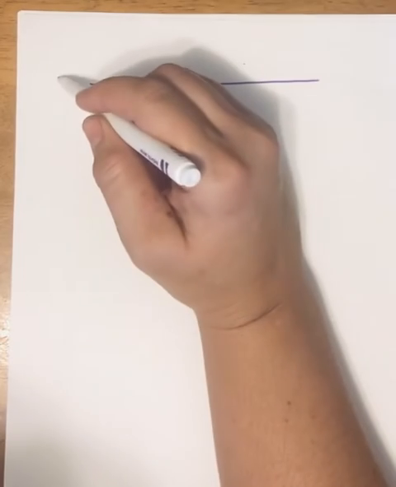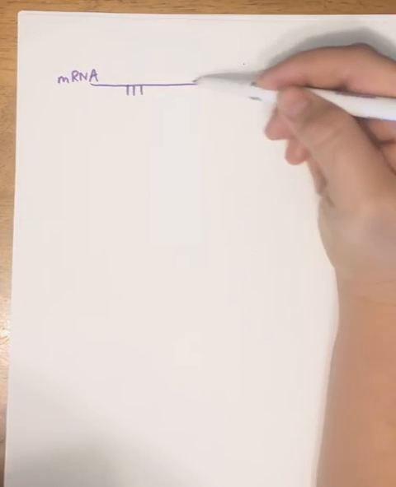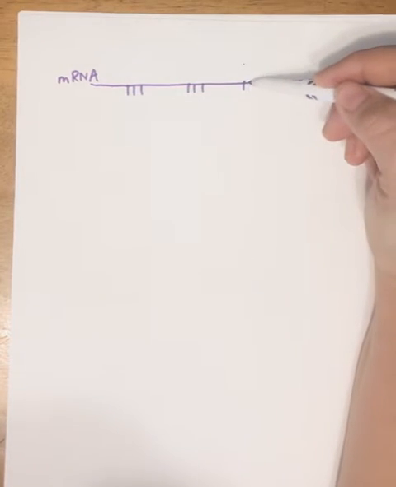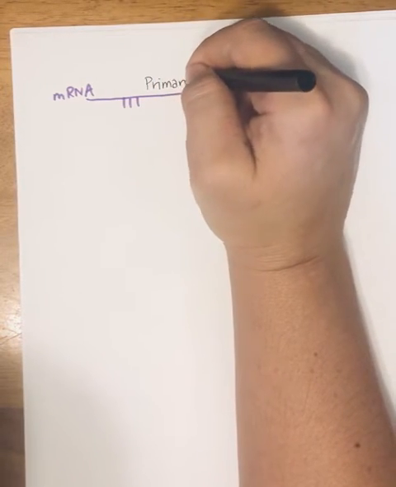Your mRNA is a copy of your DNA. Before your mRNA can leave the nucleus, we have to edit it. So we have to modify it. It's kind of like a rough draft. So you make sure that everything is going to be normal. So this is called your primary transcript.